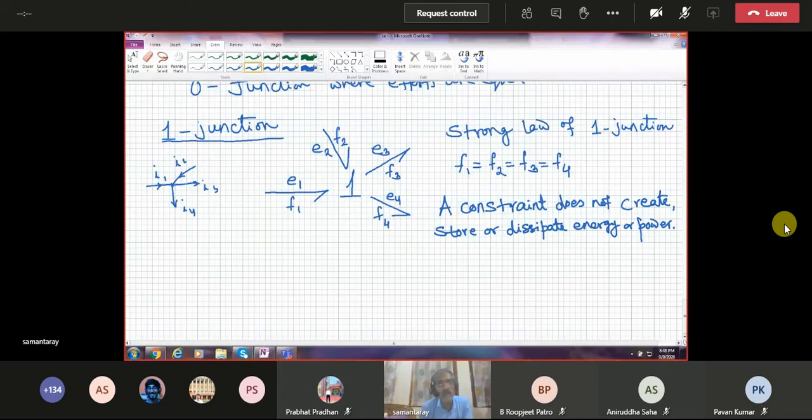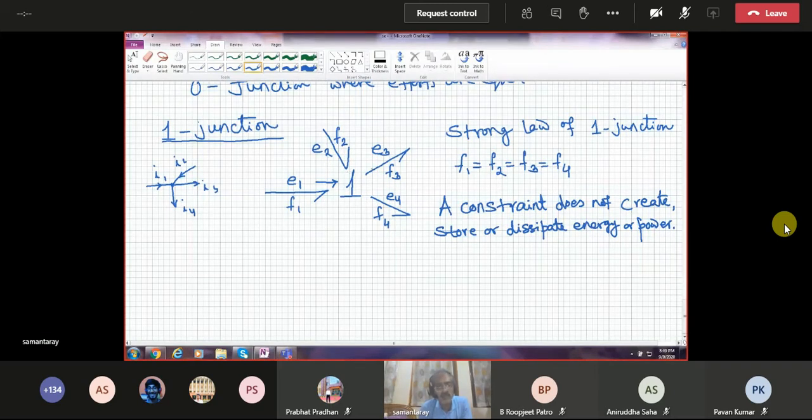We have for this one junction, this one is giving power. Look at this. E1, F1, power direction is this way. This gives power. E2, F2 gives power. E3, F3 takes away power because its power direction is away from the one junction. E4, F4, its power direction is also away from the one junction. So two of them are giving power, two of them are taking away power. So what do we write?